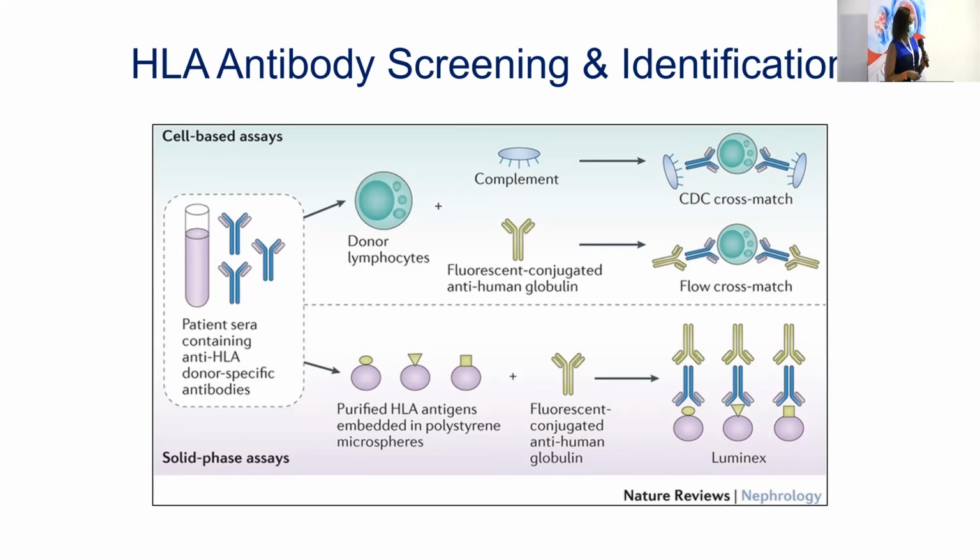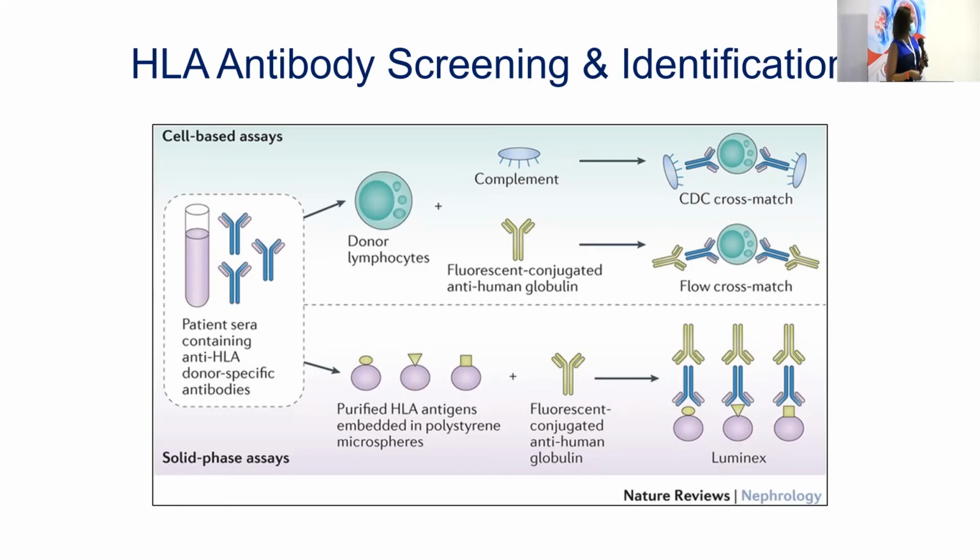There's one assay where they add complement. If you remember the complement system, once there's an antigen antibody complex that can activate complement, whose major effector function is to cause cell lysis, okay? So if there's antibody against target HLA on the donor cells and you add complement, there'll be lysis, and that can now be evaluated to give a positive test.